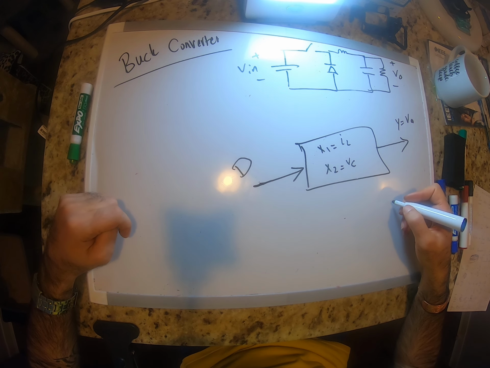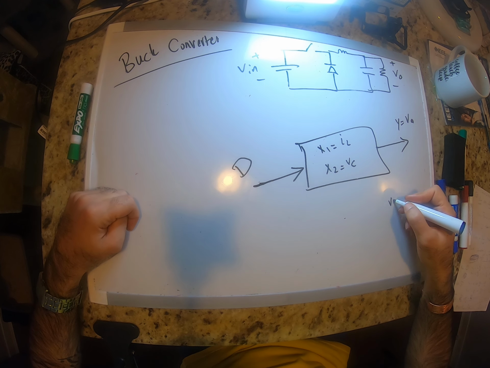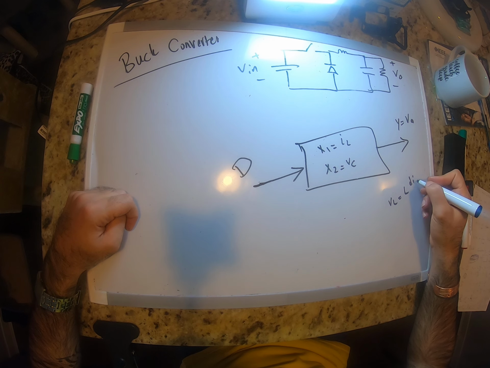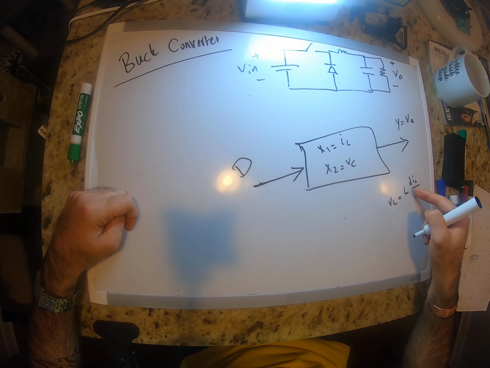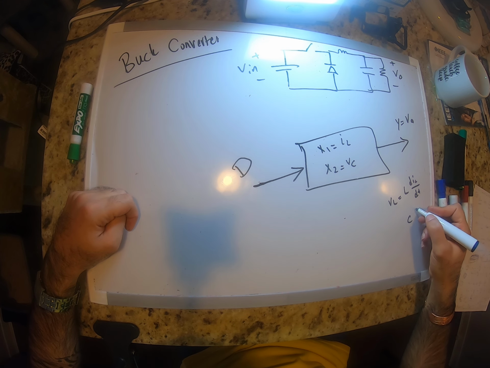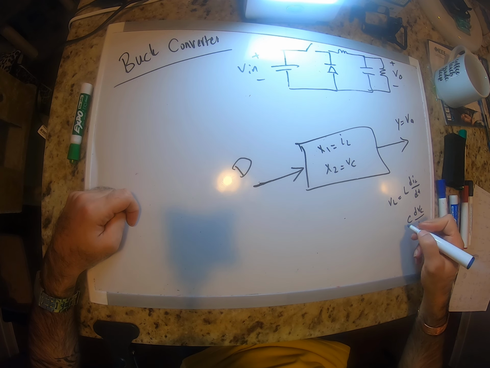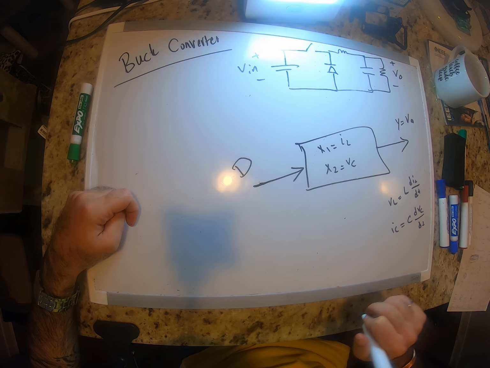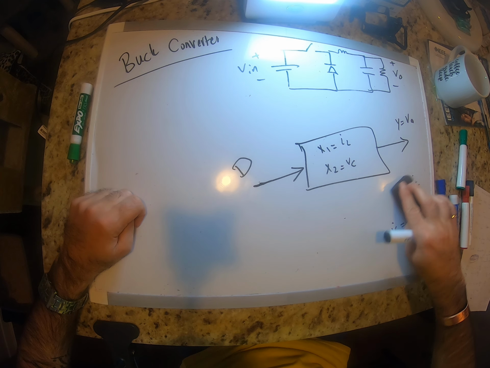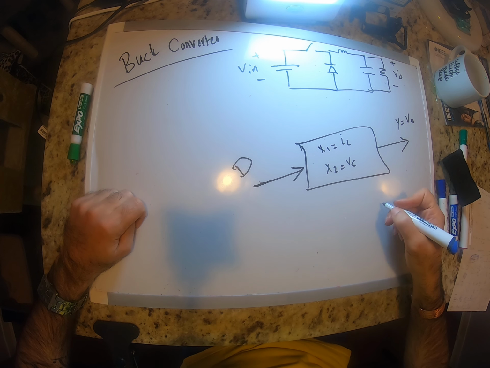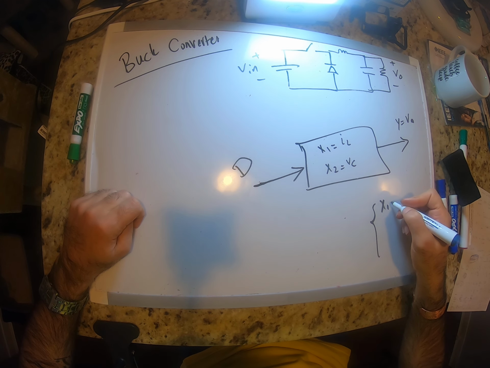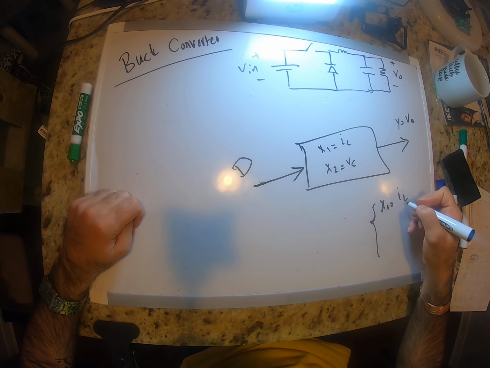We know that if we have IL, we can find its voltage by taking the derivative, and if we have VC, we can find the current by taking the derivative. So that's what we have. We have one state which is IL, another state which is VC.